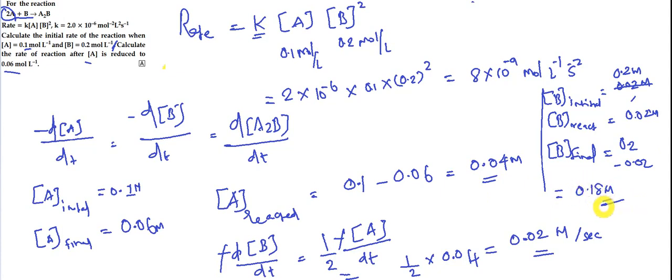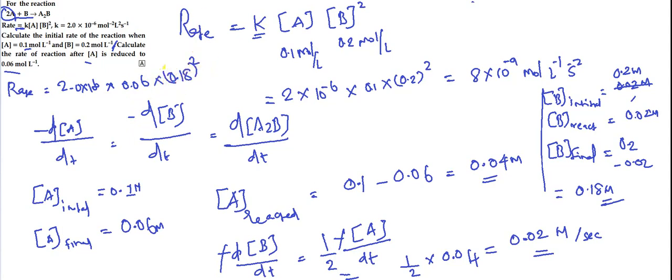So let us substitute the B final in the rate equation. So when A is reduced to 0.06, let us substitute in this equation. That is, rate is equal to the rate constant, 2.0 into 10 to the power of minus 6, into A, which is 0.06, into 0.18 square.